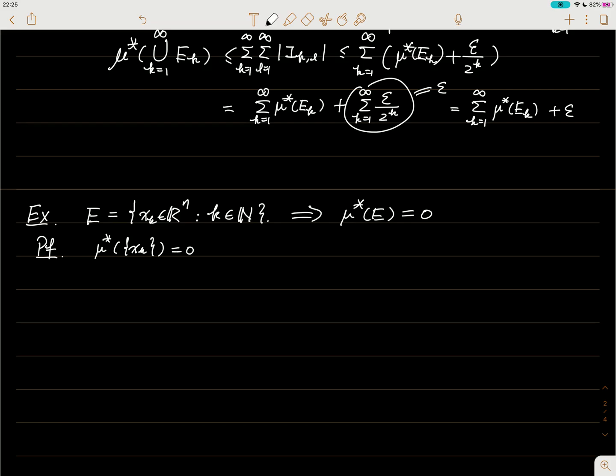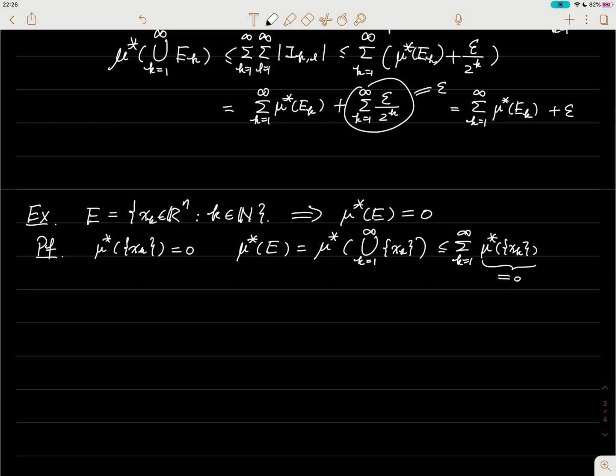So, according to the sub-additivity, the outer measure of E is the outer measure of the union of these single point sets, and this is less than or equal to the sum of the outer measures for each point. But we know that each is equal to 0, so it's just a sum of zeros, and that gives us 0. The outer measure is non-negative, and it's less than or equal to 0, so we conclude that it has to be equal to 0. It's greater than or equal to 0, and less than or equal to 0, so it has to be equal to 0.